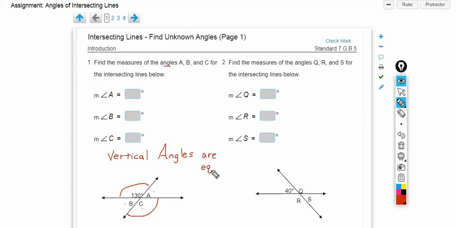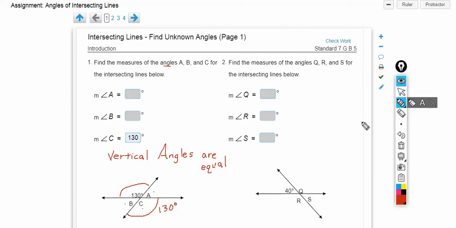So that tells me right off the top that C is 130 degrees because of vertical angles. Make sure you put that in your notes.